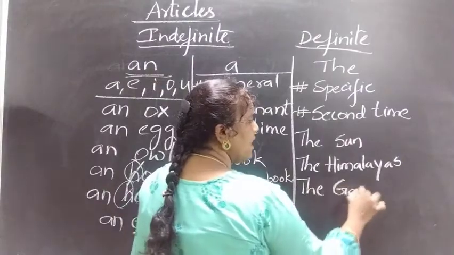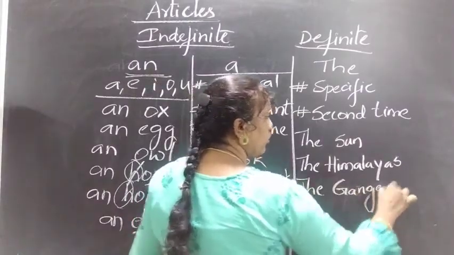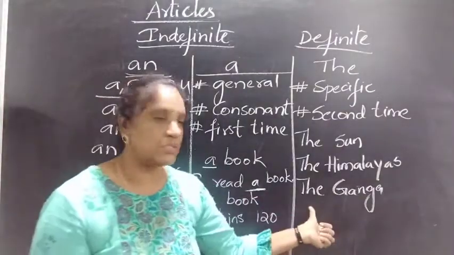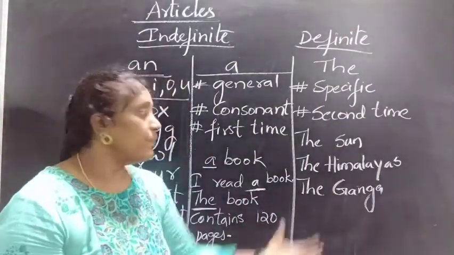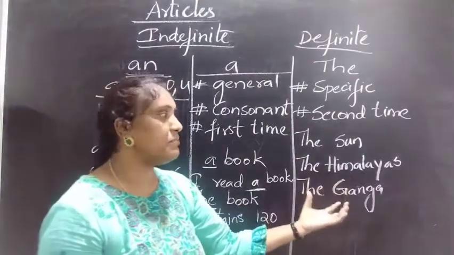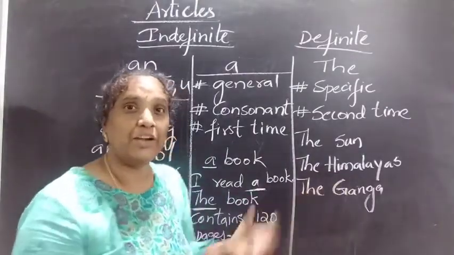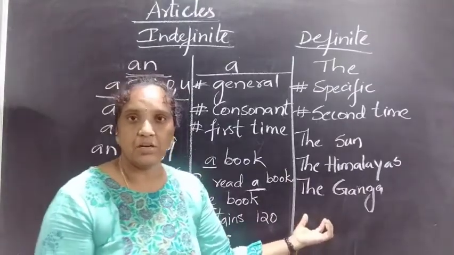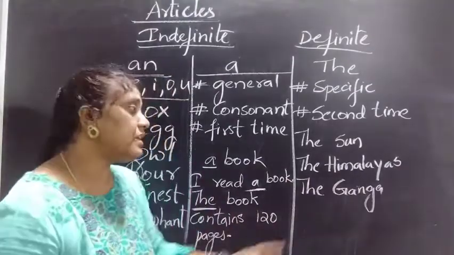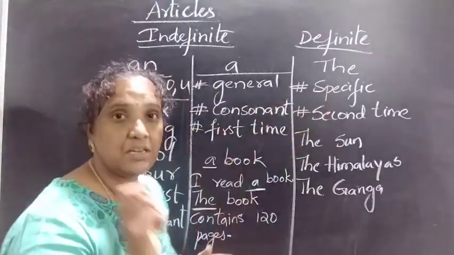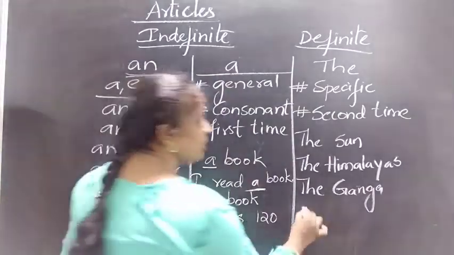Particularly if I am mentioning their names, then I use the. Particularly if I talk about a book, the Bhagavad Gita, I am talking about the name of the book. Okay, the dictionary. So in that sense, when I am using a particular thing, I am specific about mentioning the name and everything, then I use the.